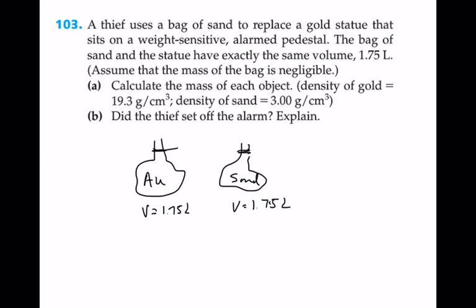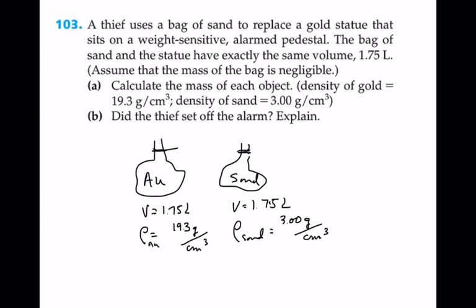And then the background information tells you that the density of gold is 19.3 grams per centimeter cubed, and the density of sand is 3.00 grams per centimeter cubed.